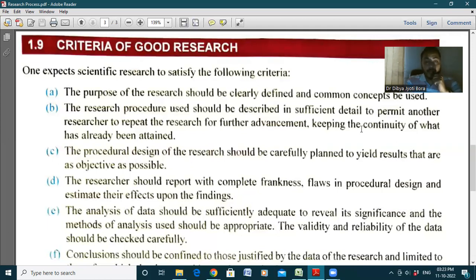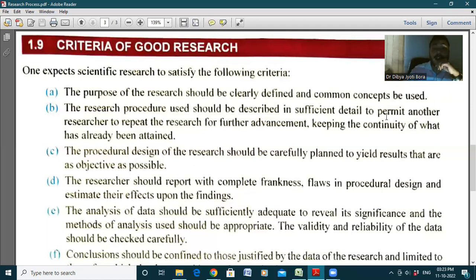Now, we expect a scientific research to satisfy some criteria. These criteria are: the purpose of the research should be clearly defined, common concepts should be used, and the research procedure should be described in sufficient detail to permit another researcher to repeat the research for further advancement, keeping the continuity of what has already been attained.